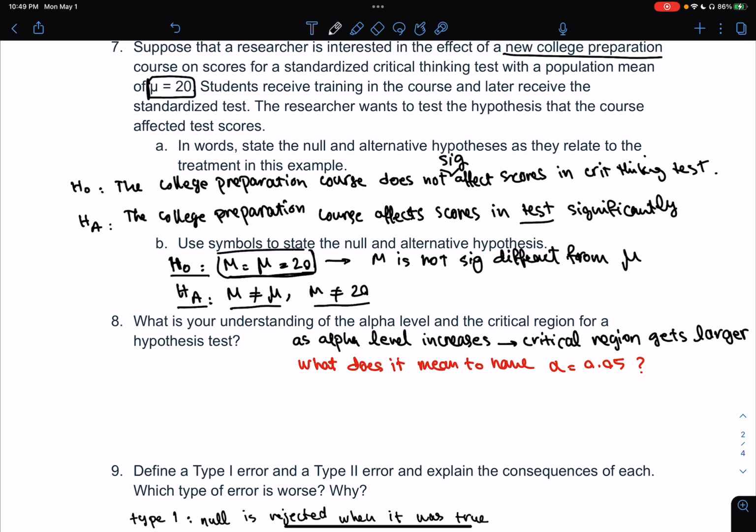You just write equal. And then this means the sample mean is significantly different from the population mean.